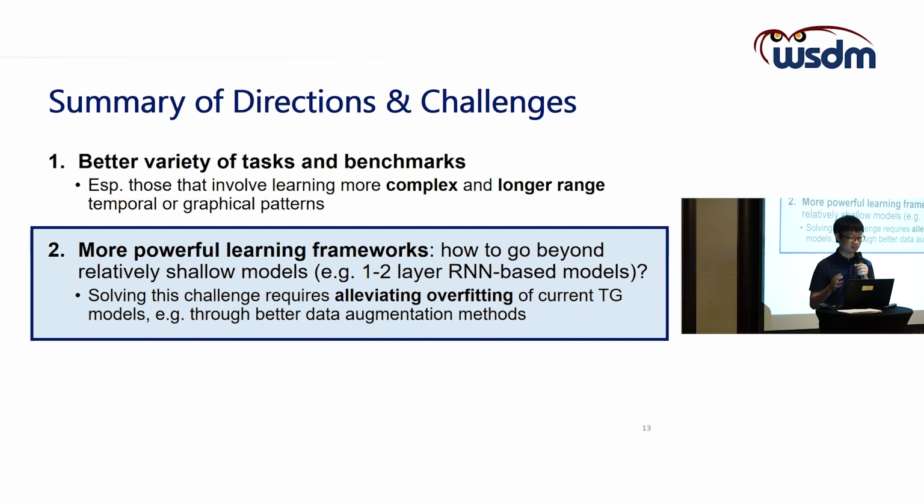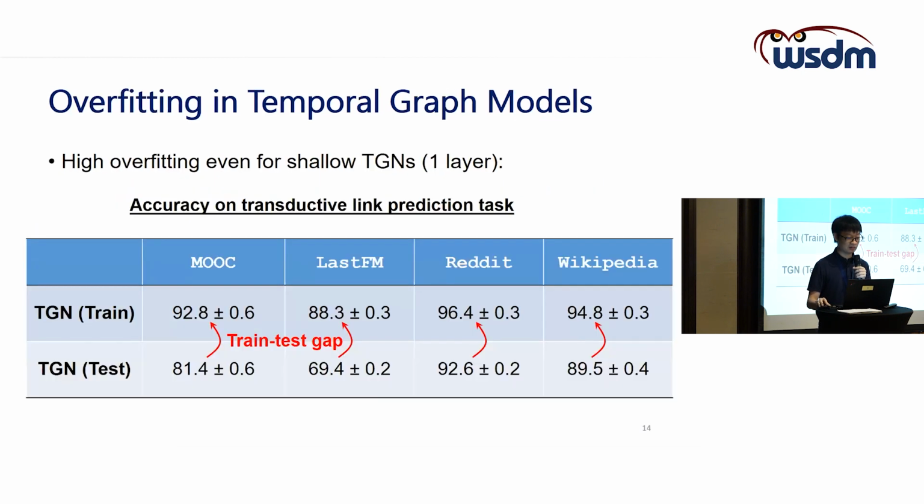It turns out that when we try to do this, one problem that we very quickly encounter is that of overfitting, even using very shallow models. Here you can see some examples. Even when you use a very simple one layer TGN, where TGN is one of the standard architectures, even for a very shallow and simple module, you can see that there's already a very high level of overfitting.